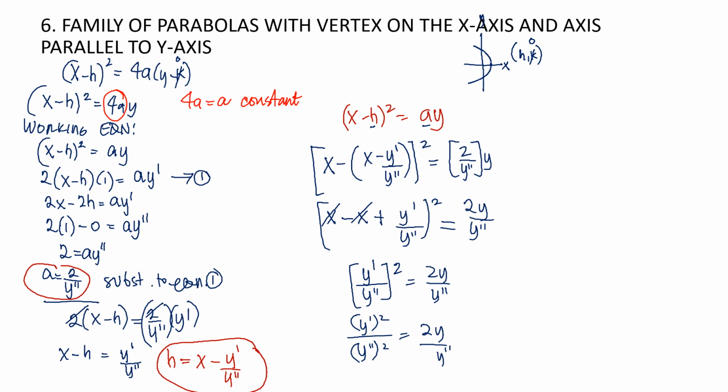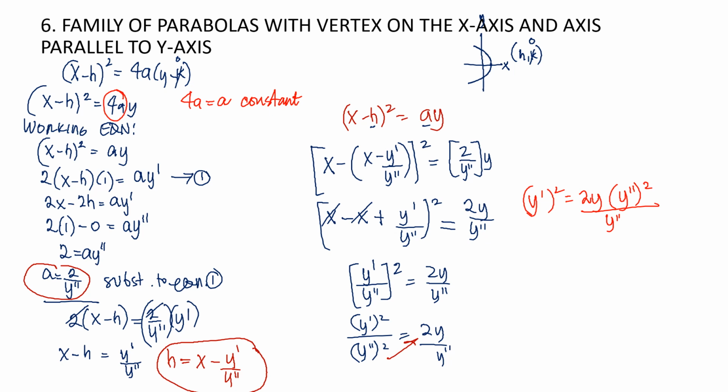Okay. So, we can have our cross multiplication from this. I would just like to multiply our y double prime raised to 2 here, so that the remaining equation will be y prime squared is equals to 2y multiplied by y double prime squared over y double prime.